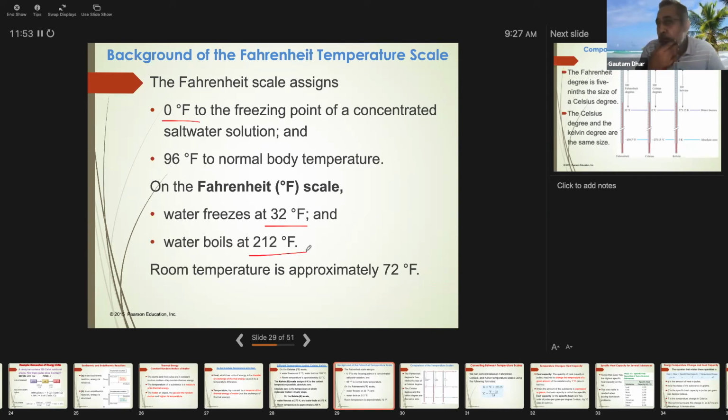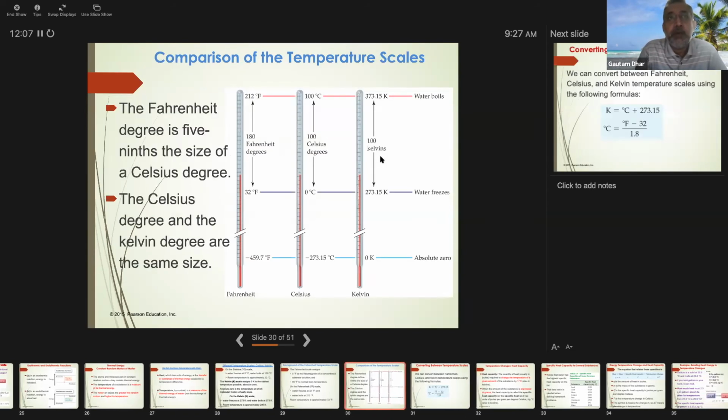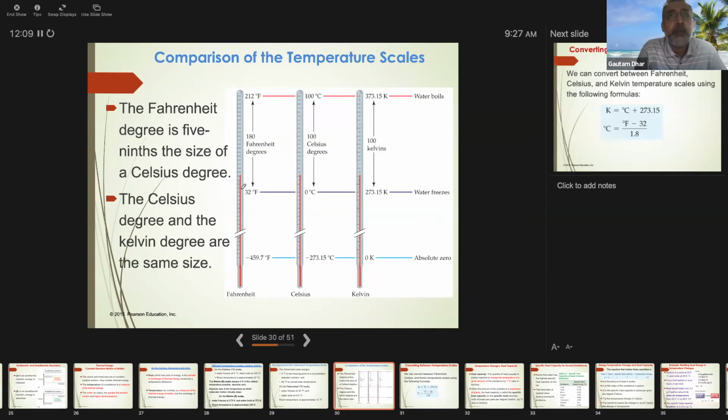But we are all pointing to the same substance. Only the numbers are different because we are using different units. Now we can interconvert between them, and we have a formula. So in our case, we just have to learn the formula. This is the case of ice, the water freezing, and this is the water boiling. But you see, the thermometer basically points to the same thing. Only our numbers are different.